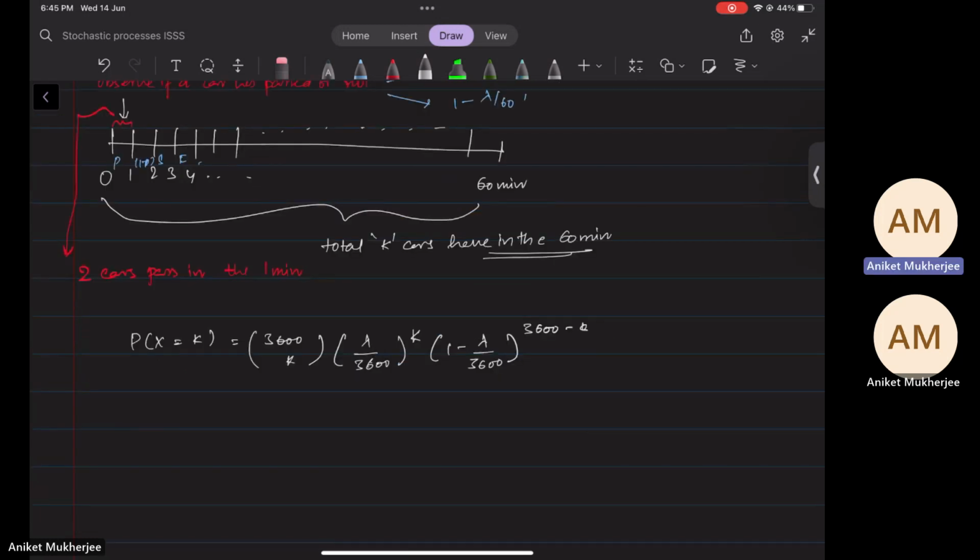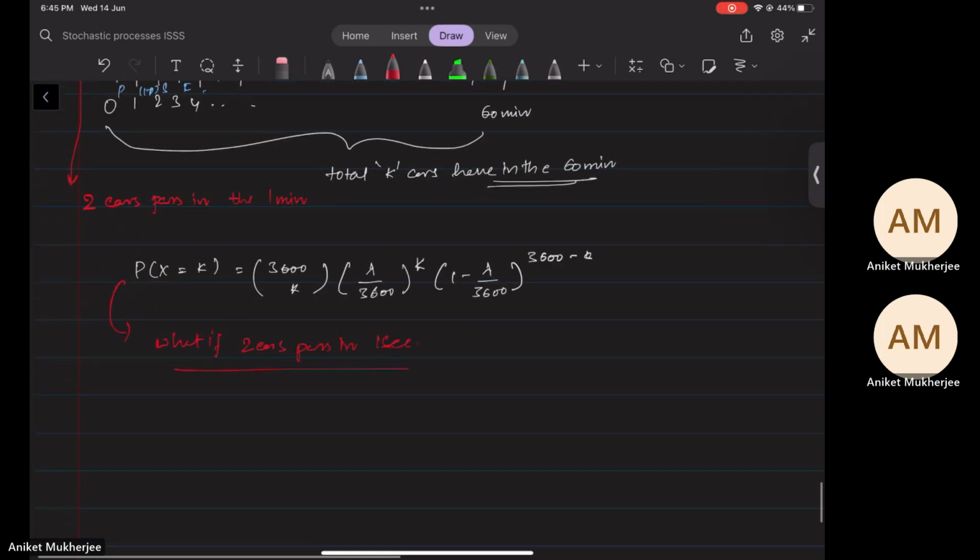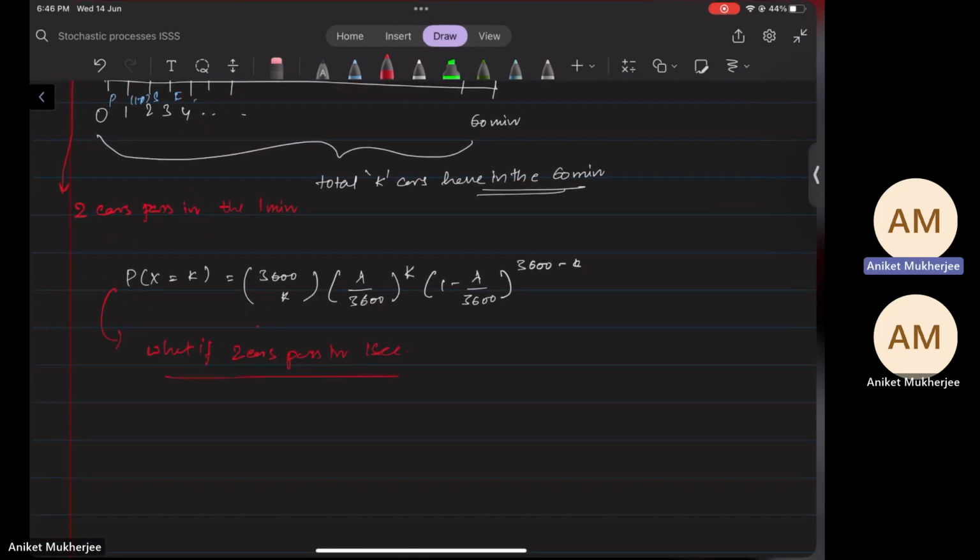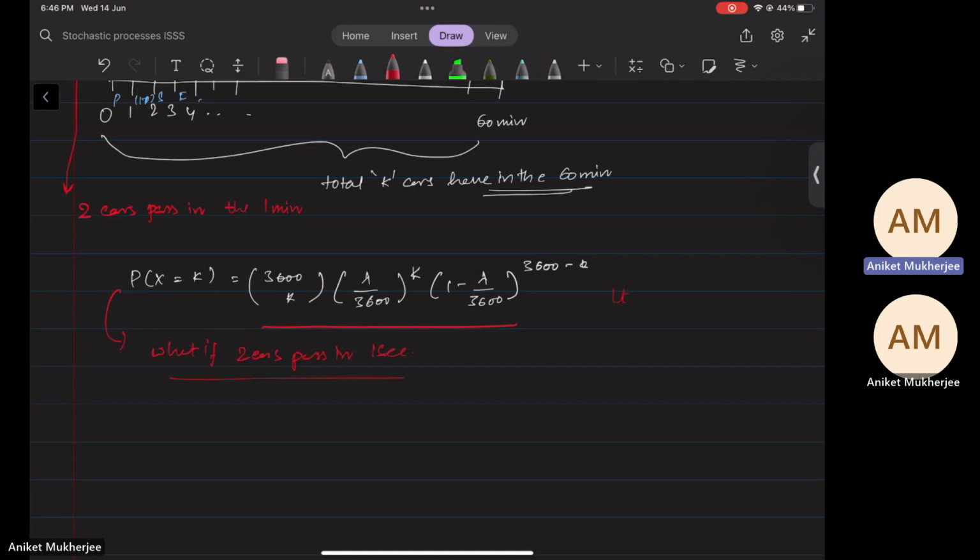But even then the problem remains. Now you ask, what if two cars pass in 1 second? So what you need to do is take the limit of this as the number of slots that you have discretized into goes to infinity.